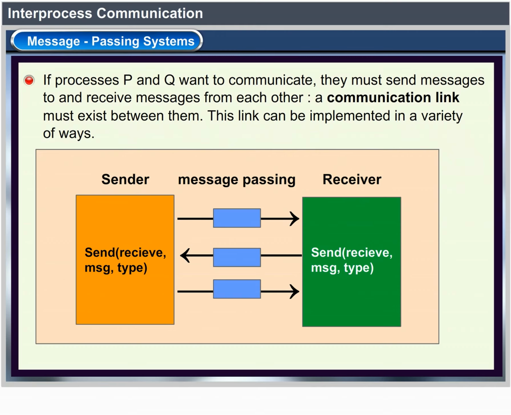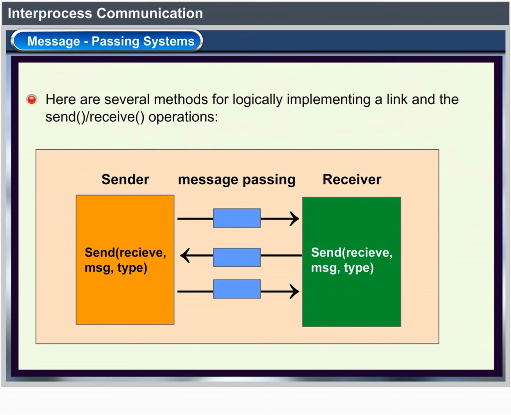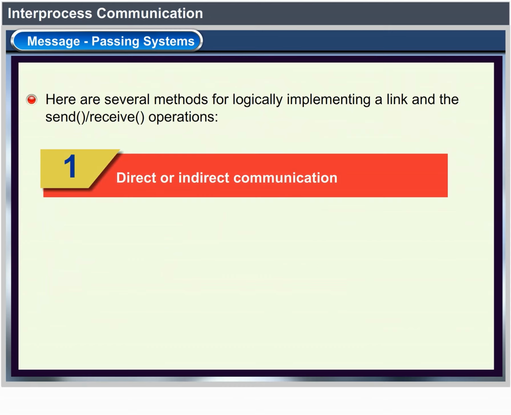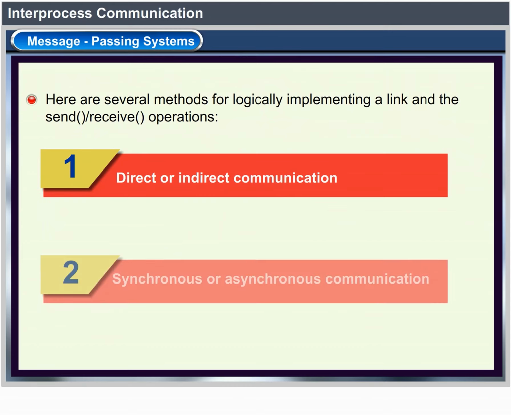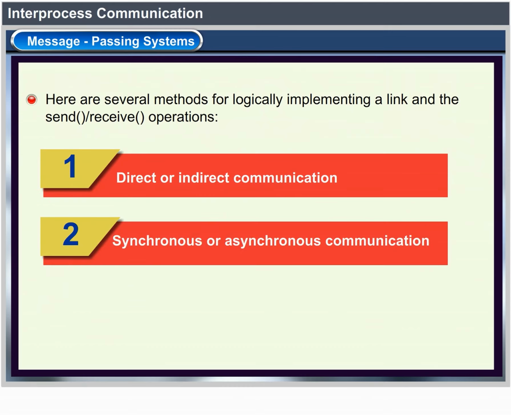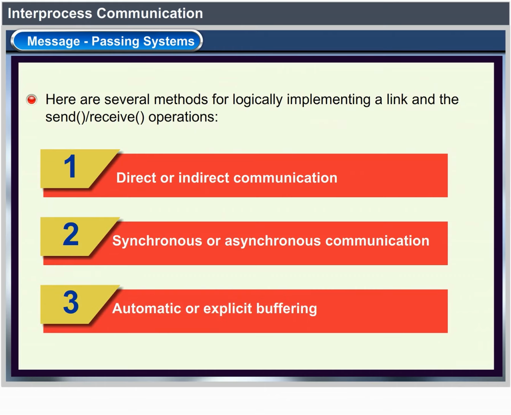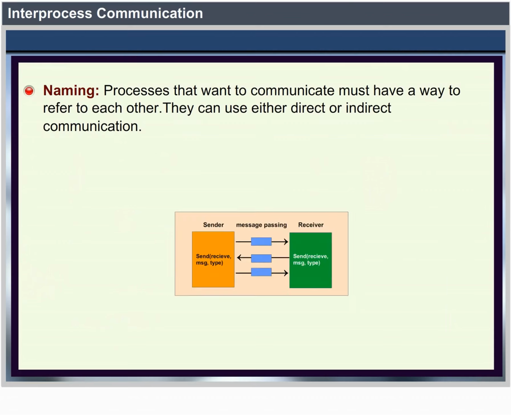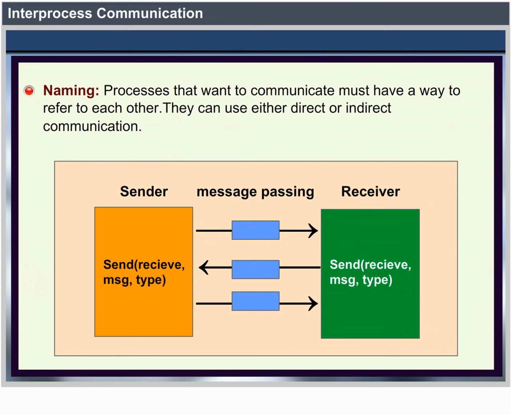Here are several methods for logically implementing a link and the send and receive operations: direct or indirect communication, synchronous or asynchronous communication, automatic or explicit buffering. Naming. Processes that want to communicate must have a way to refer to each other. They can use either direct or indirect communication.